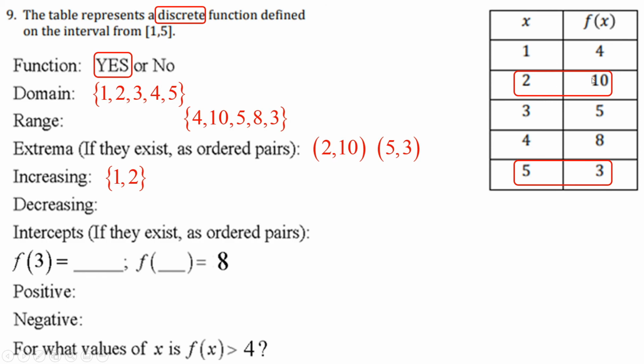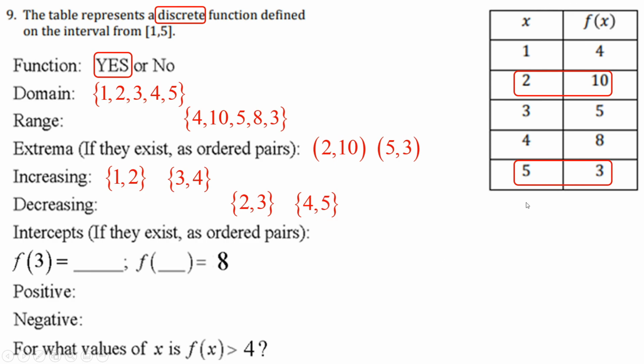And then does it increase again? Well, oh yeah, when x equals 3 and 4, I go from 5 to 8. So from 3 to 4. All right, now where's it decreasing? Well, I'm decreasing from 2 to 3. Set notation, 2 to 3. And am I ever decreasing again? Yeah, from 4 to 5.